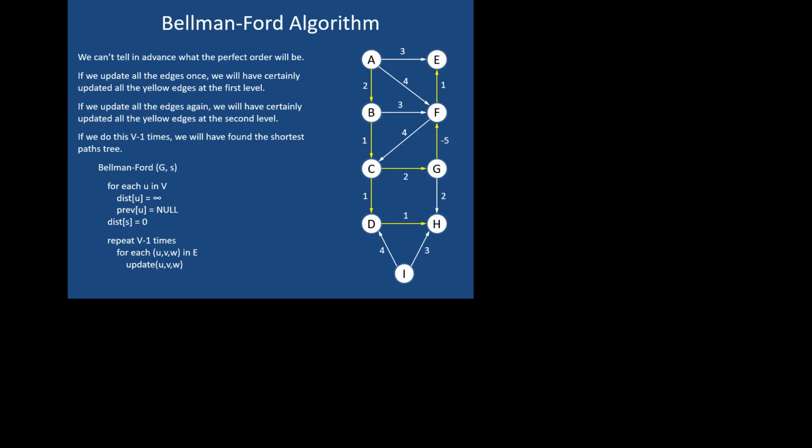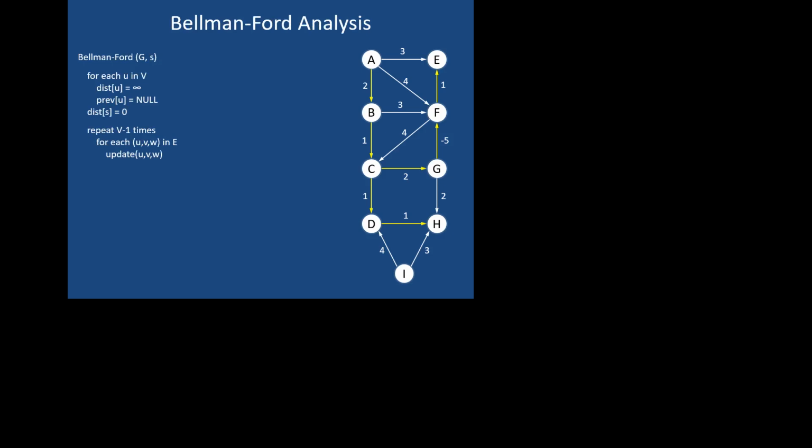Any other questions about Bellman-Ford? Well, there's the optimization. Let's look at the analysis. So what's the complexity of that first initialization block? Filling in the distance and previous arrays. Right, that's just O of V. And then what about the body of the loop?